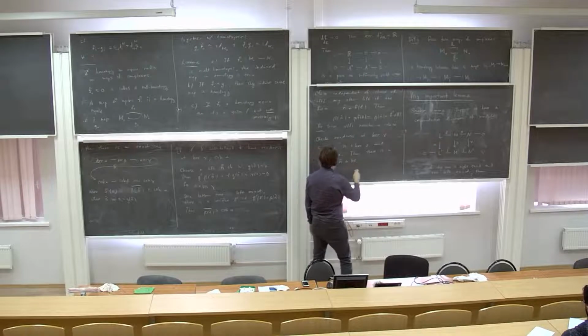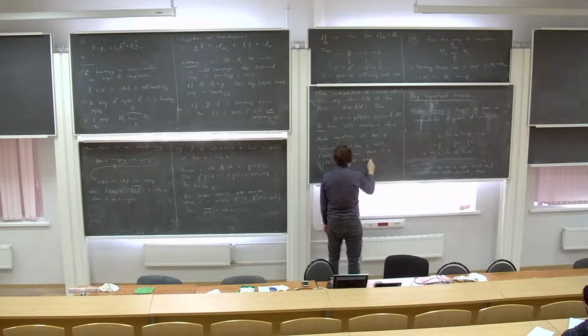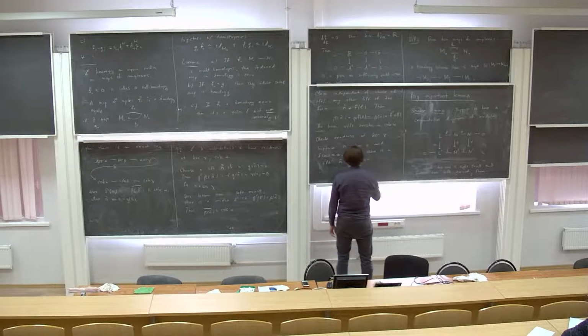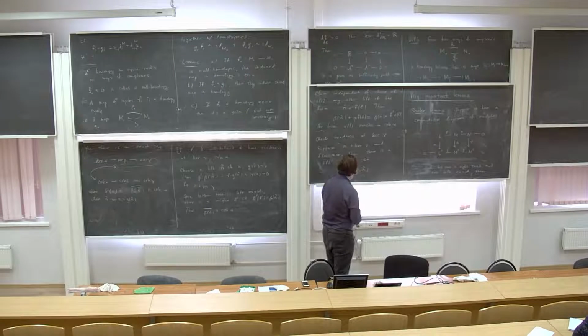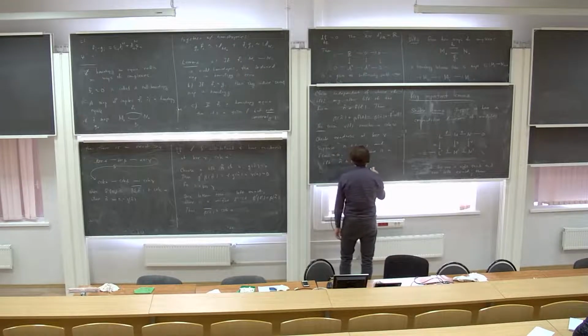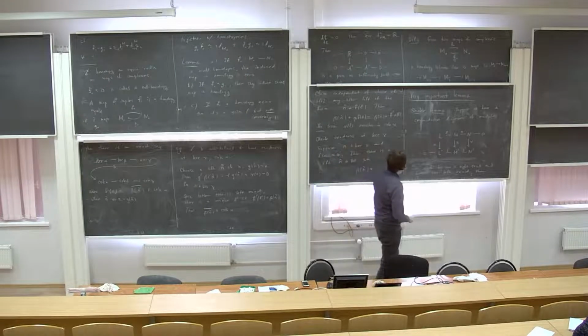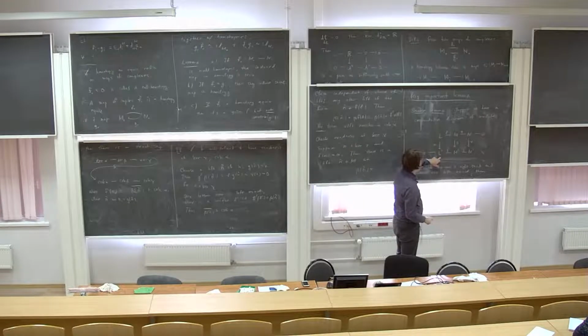So there's a lift like this, such that, let's see, beta of n tilde equals, so what does it mean for it to become 0 modulo the image of alpha?